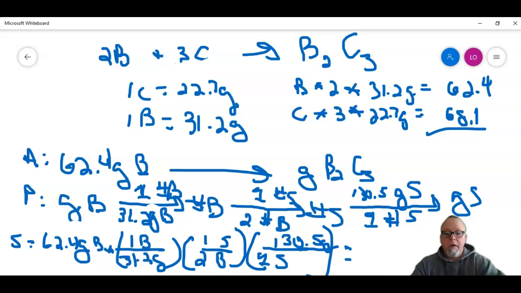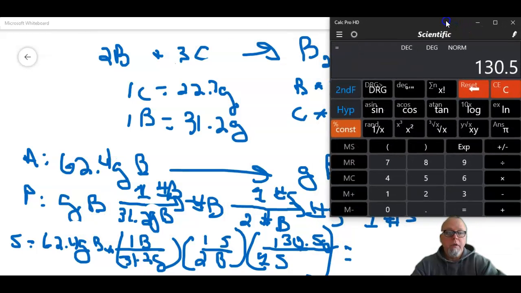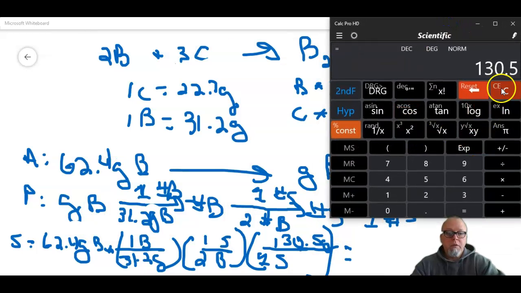And so let's take out our calculator. Let's move it over here. And let's see, 62.4 times 130.5 divided by 31.2 divided by 2 is 130.5.